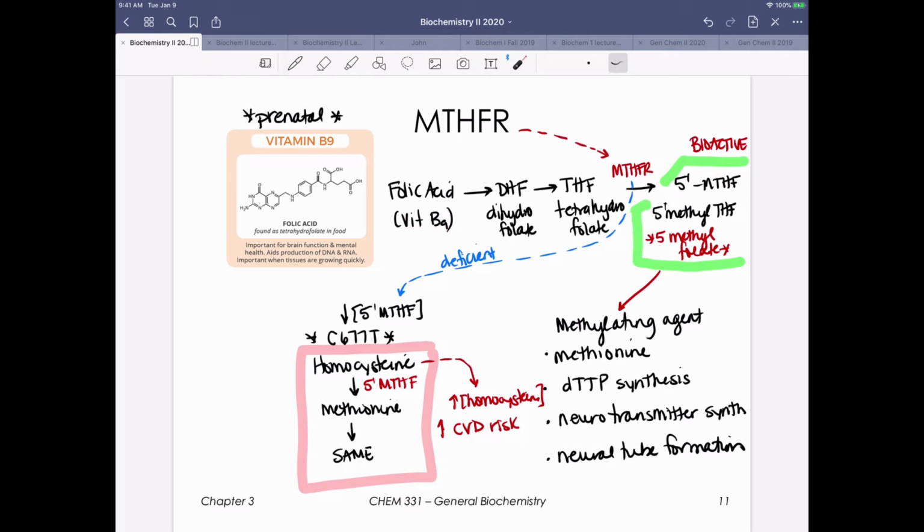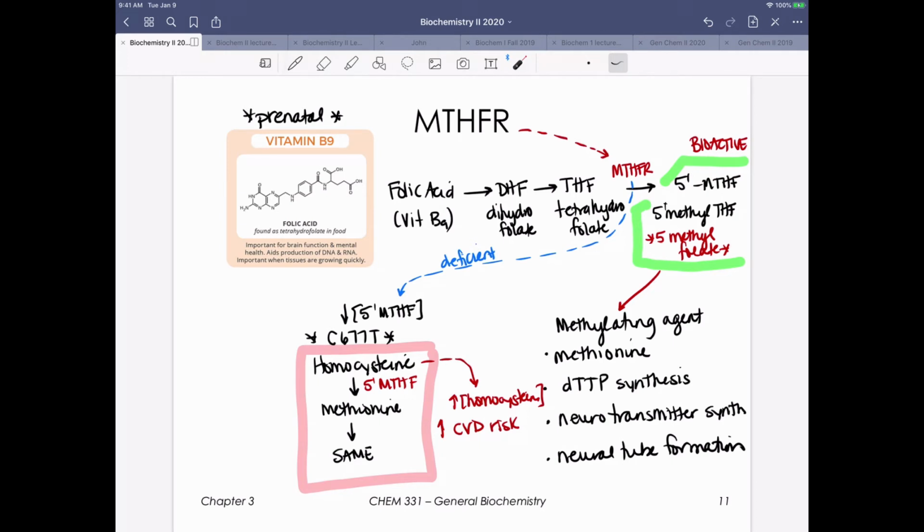I'm not going to get into a lot of the details about why folic acid supplementation is problematic. But remember, if people have an MTHFR deficiency, they are not able to get to the bioactive form of vitamin B9. And particularly if they're consuming lots of folic acid, they are going to have an accumulation of folic acid and a deficiency of the necessary 5-methylfolate.